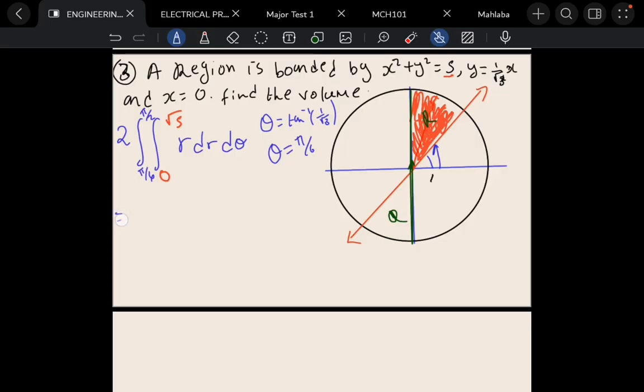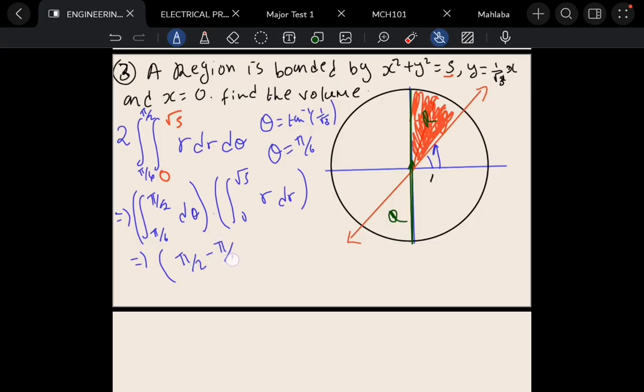So doing your integrals here, I'm going to integrate from pi over 6 to pi over 2 d theta times an integral from 0 to root 5 of r dr, which is pi over 2 minus pi over 6 times 1 over 2 times 5, which is 2 pi over 6 times 5 over 2, which is 5 pi over 6.